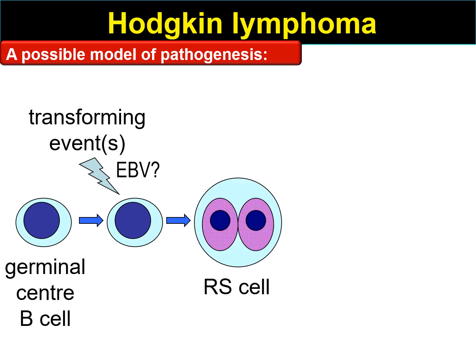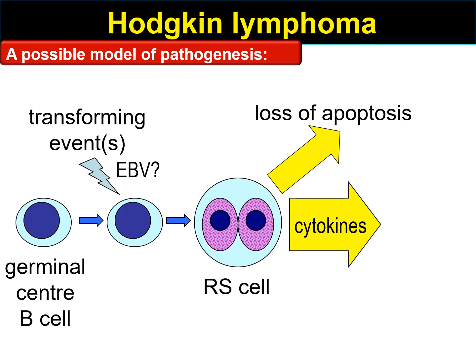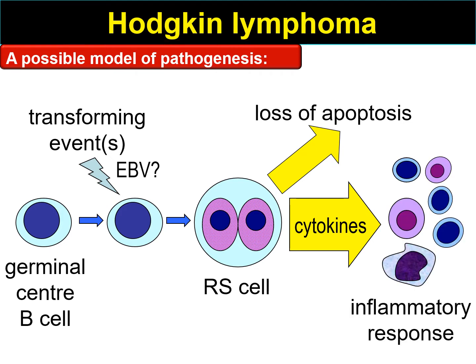It forms a Reed-Sternberg cell that has characteristic morphology, the classical one we have just discussed, and then it exhibits loss of apoptosis and release of various cytokines, and they are responsible for recruitment of inflammatory cells and development of an inflammatory response in that area.